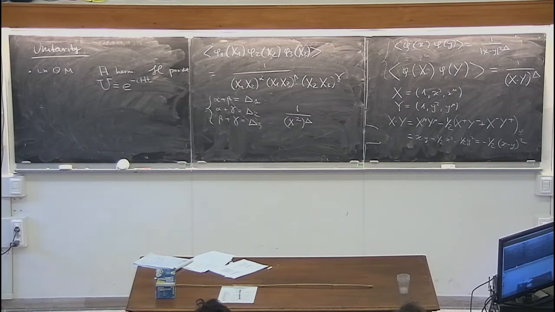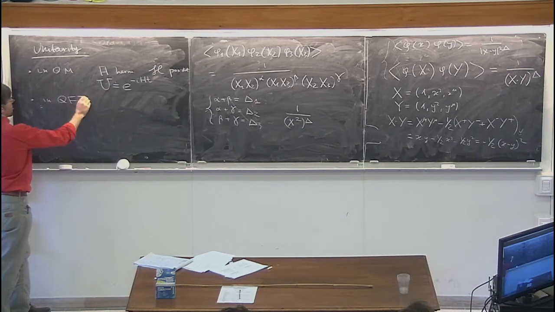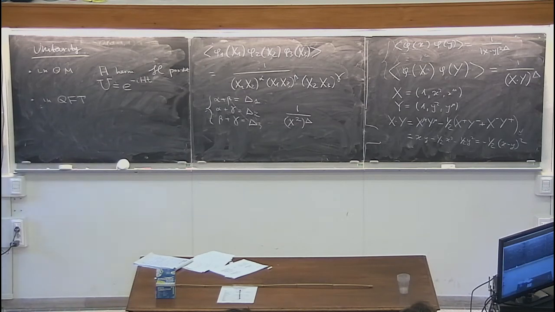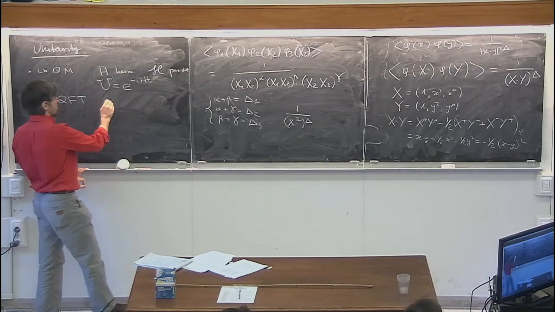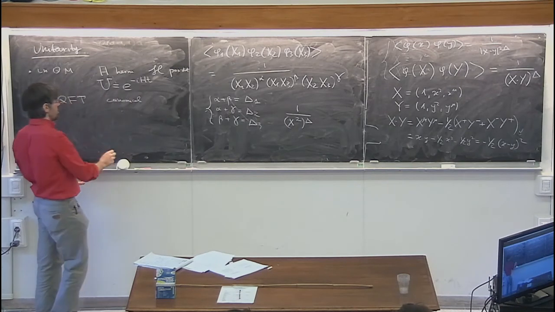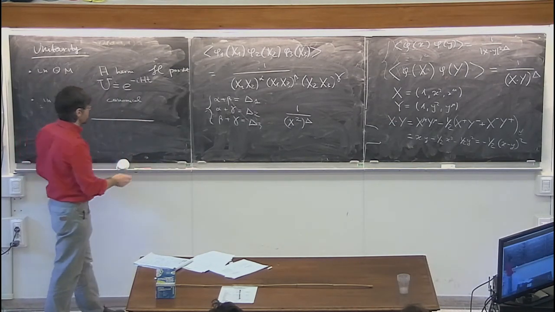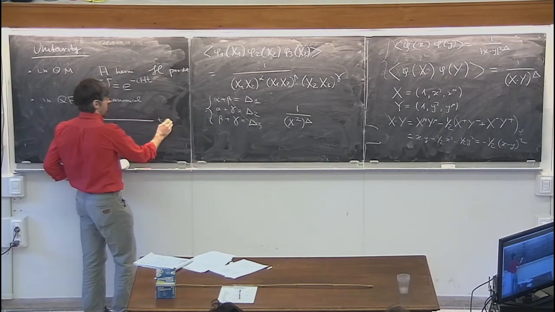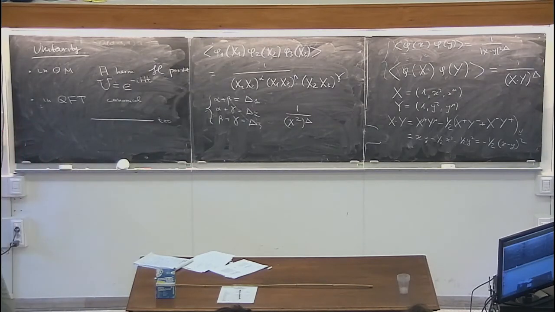Now, if you do the usual quantum field theory in Minkowski space, for example, if you do canonical quantization, this is just to set the stage, then it's the same. If you do, say, equal time canonical quantization, then again we have a Hamiltonian, we have a Hilbert space. So again we have unitarity.